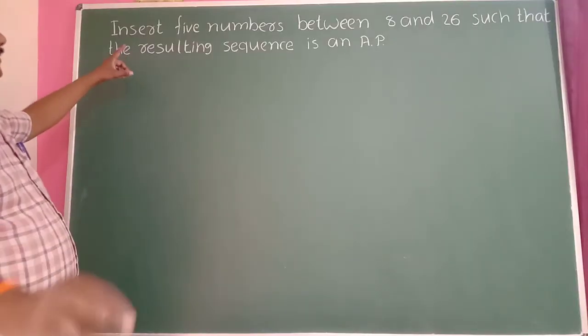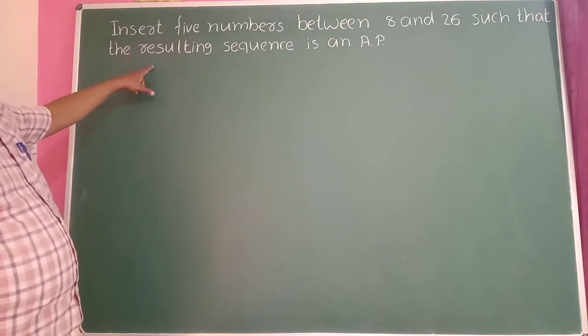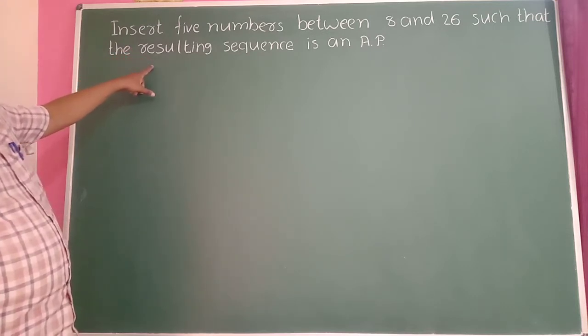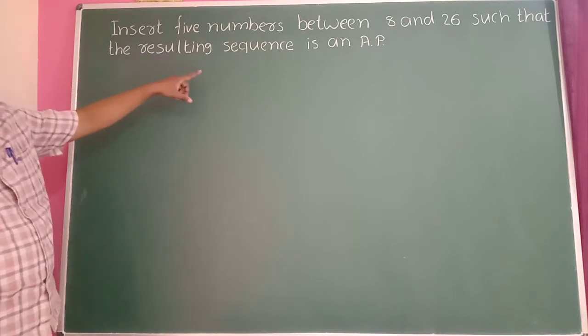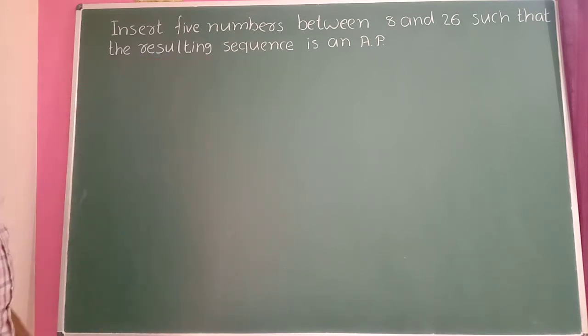Next question: insert 5 numbers between 8 and 26 such that the resulting sequence is an AP.